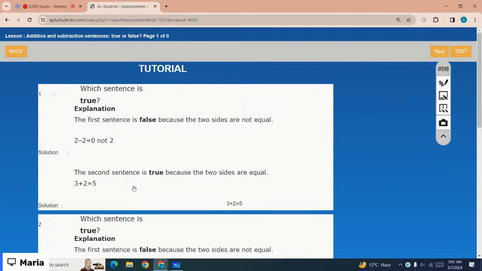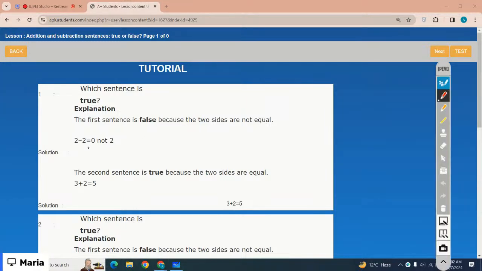Which sentence is true? You are given options here. For example, two take away two is zero. Let's start with the test questions.